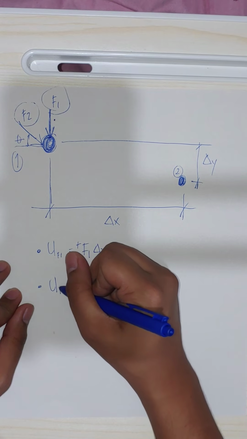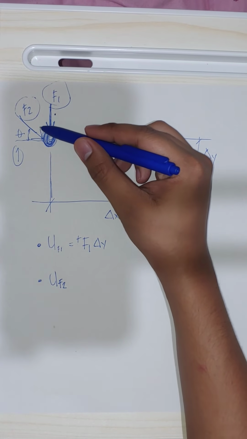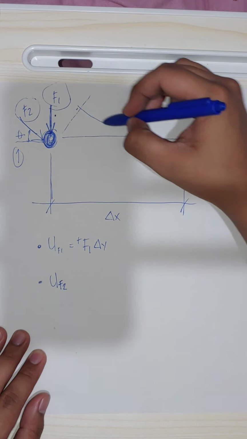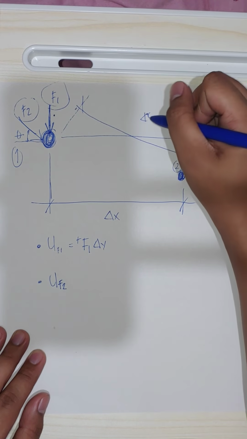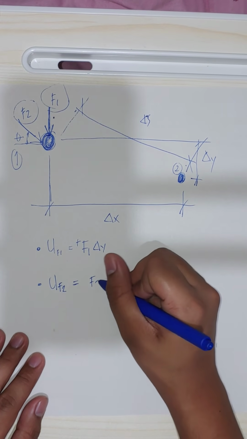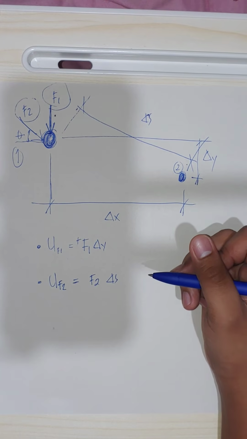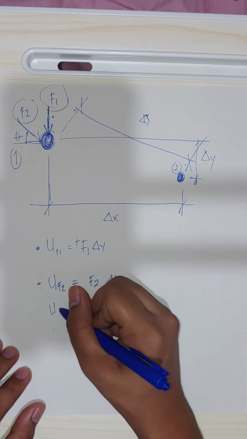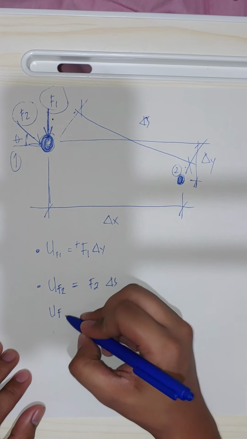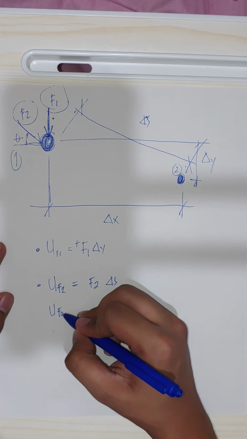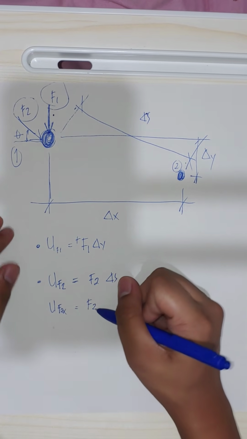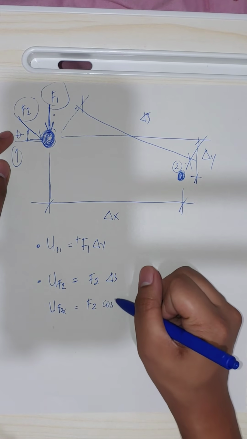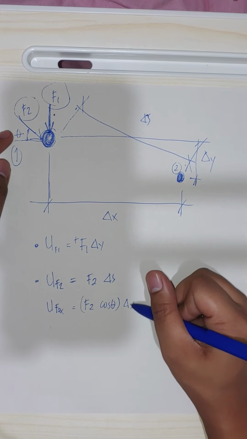Now the work due to F2. If we know the distance of this displacement, we can directly write F2 delta S. But sometimes it's better to divide them into components, so we have the work of the second force, F2x, equal to F2's x component, F2 cosine theta, times delta x.